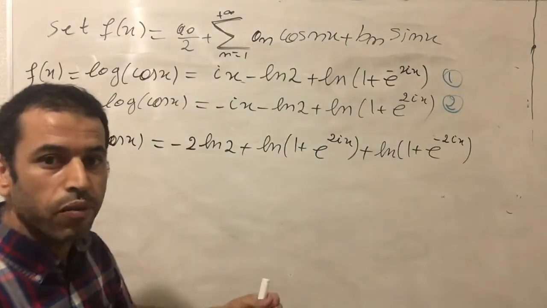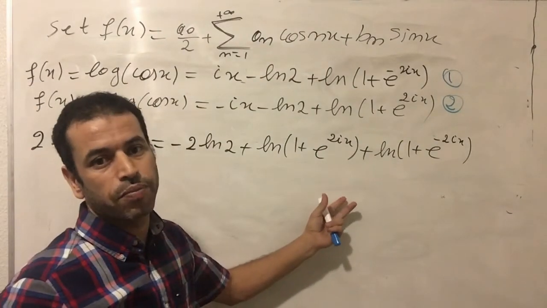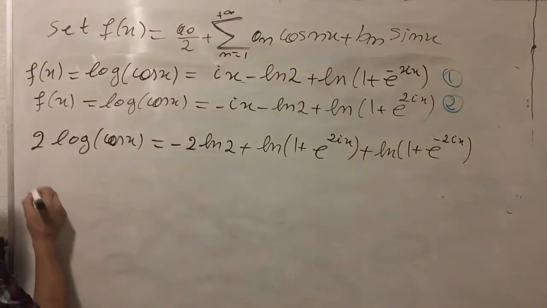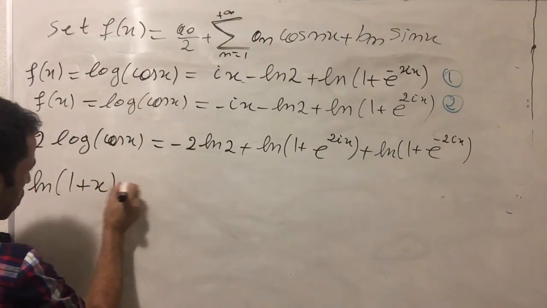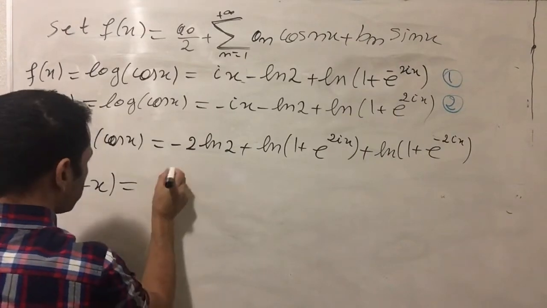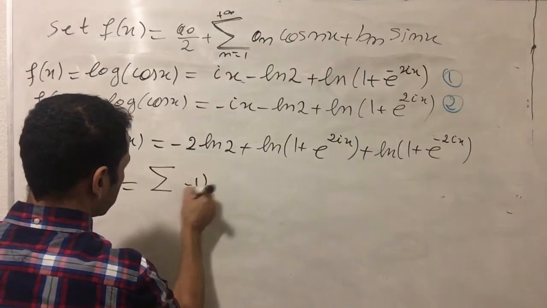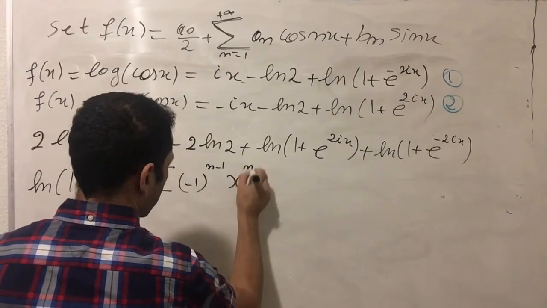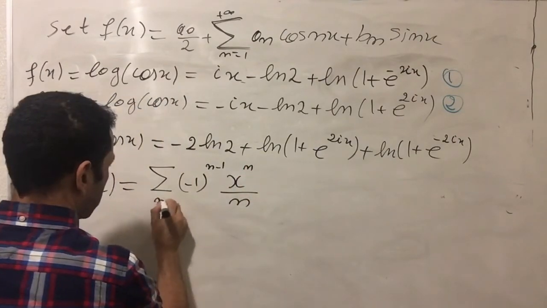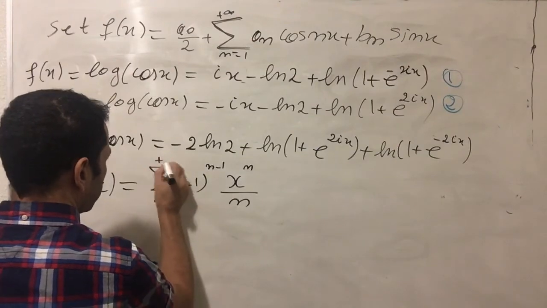What I'm going to do now is use the Taylor expansion. We know natural log of 1 plus x equals the sum of minus 1 to the n minus 1 times x to the n over n, as n goes from 1 to plus infinity.